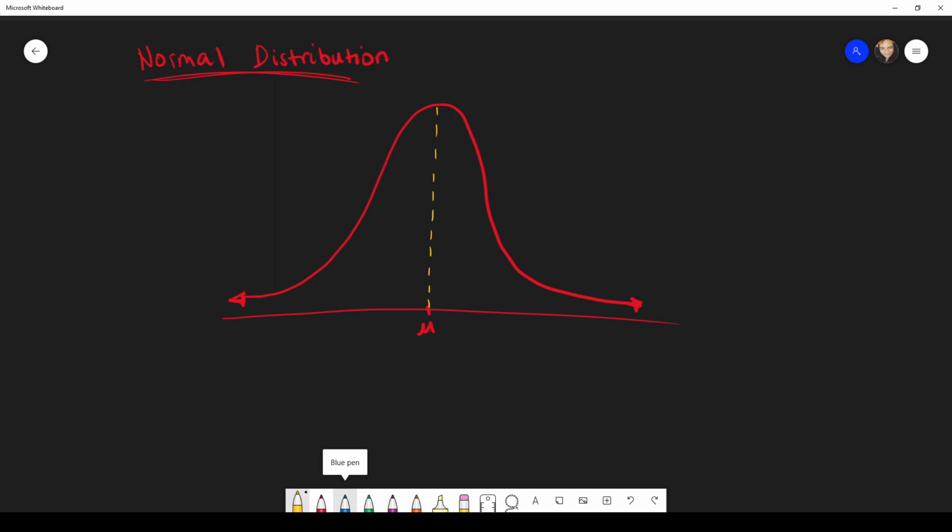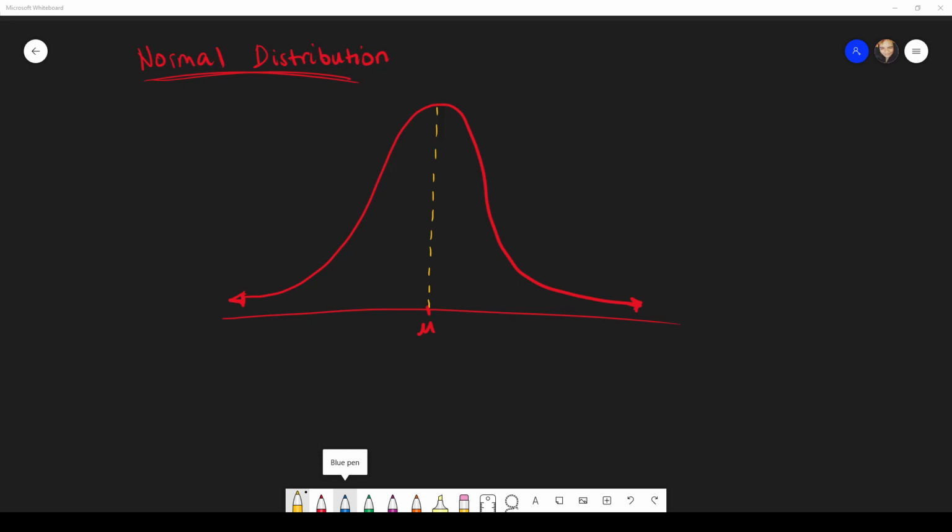Because the mode is the most frequently occurring data in our distribution, and that would be represented by the peak of our curve. It is also the median because it is also the middle value of our distribution, right? That's why one of the properties of a normal distribution is that it's symmetric at its mean, and its mean, median, mode are equal.